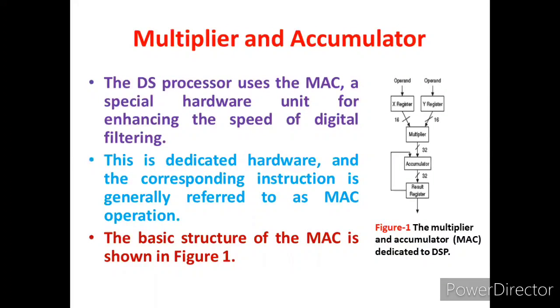First, let us concentrate on the multiplier and accumulator. So what is it? The DSP processor uses the MAC, that is the multiplier and accumulator, a special hardware unit for enhancing the speed of digital filtering. So when we want to use filtering, we use this particular MAC for enhancing the speed of the processor.